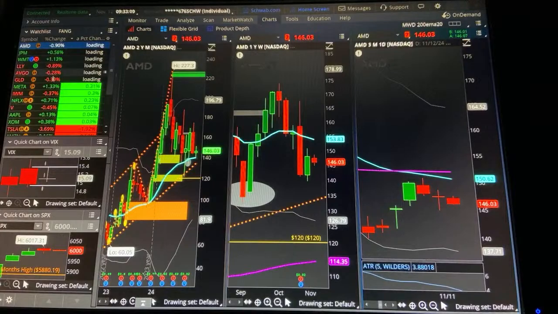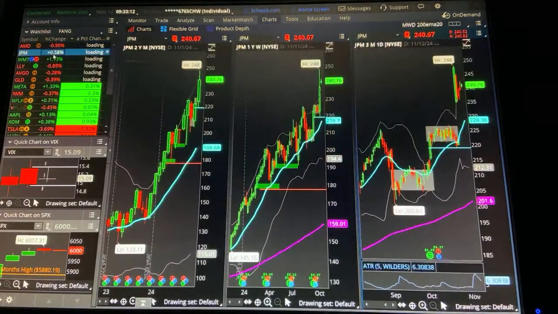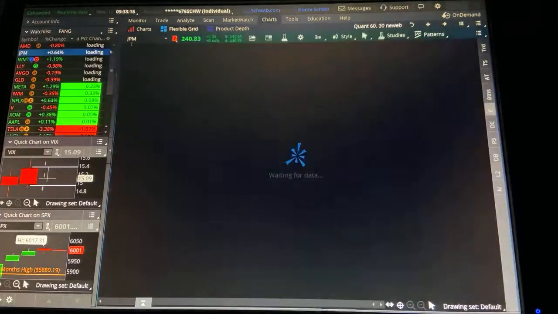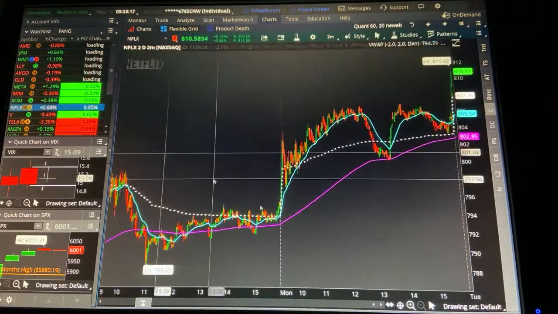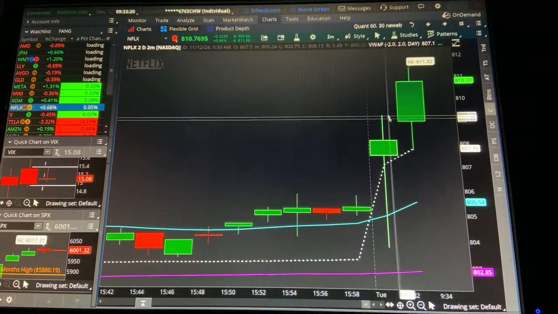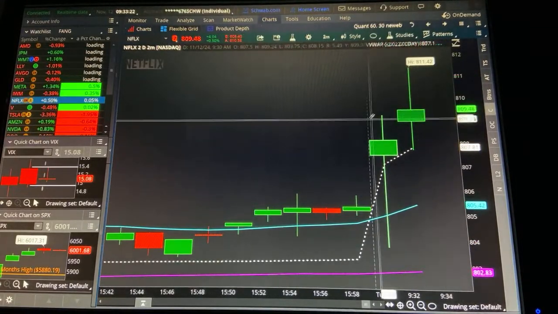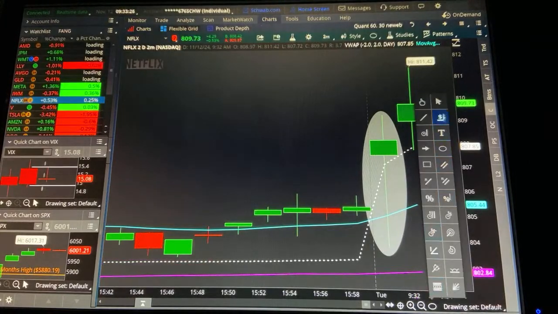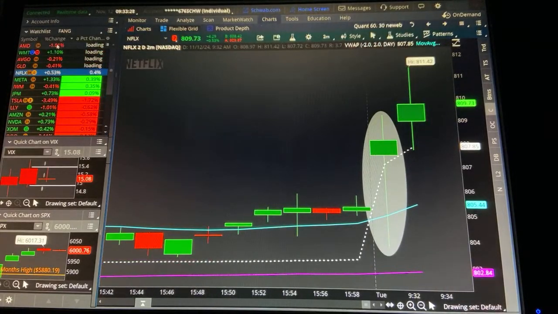Financials and Philly holding up their strength. So right now, Netflix is the only one that has follow-through so far, a little bit here in the morning. Want to be a little patient with longs today, folks.